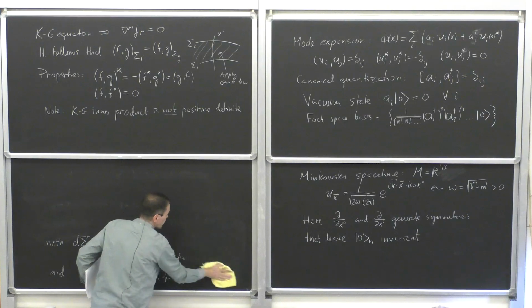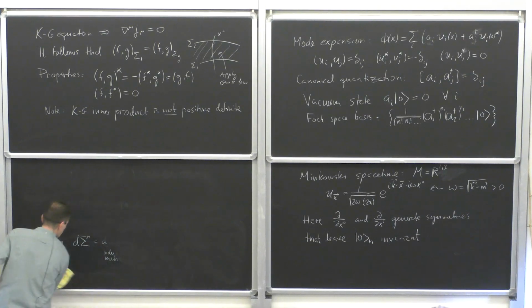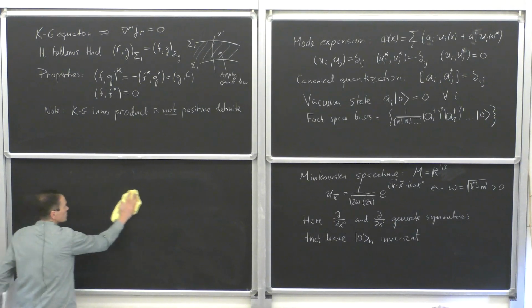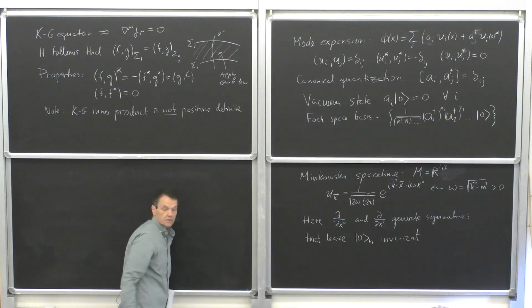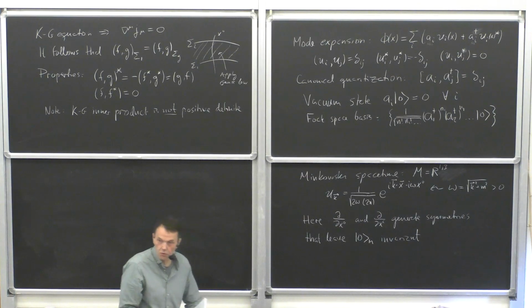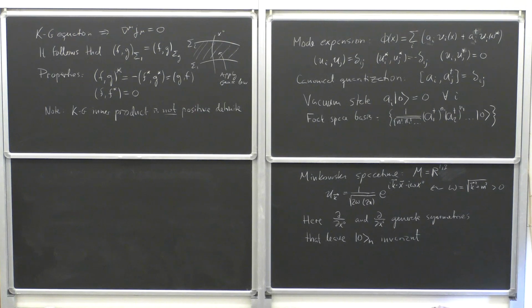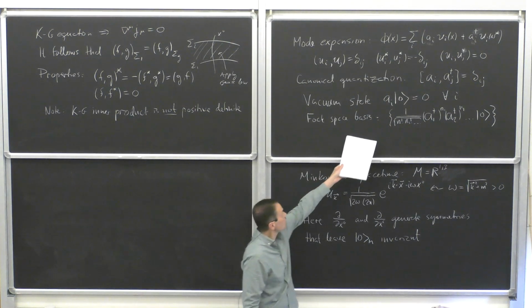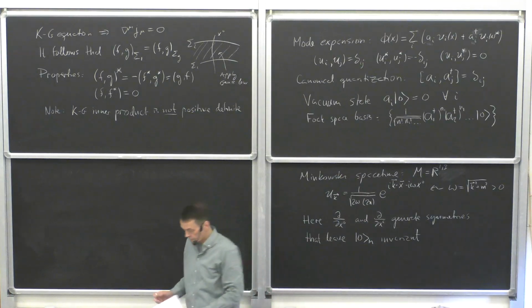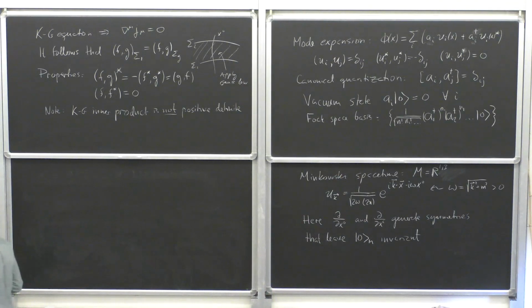So if I'm on a general background, I do not have these symmetries, and then different choices of coordinates will lead to inequivalent vacua. They will give you a different vacuum, and then when you do the usual construction, you will build basically an inequivalent representation of your field.